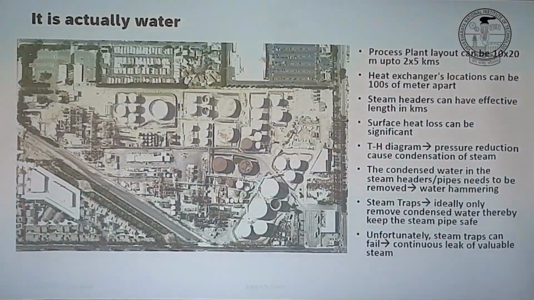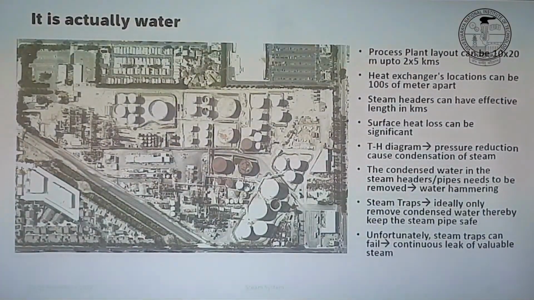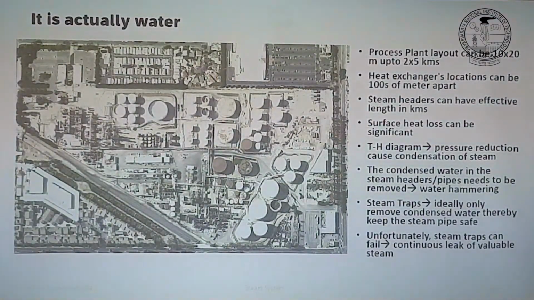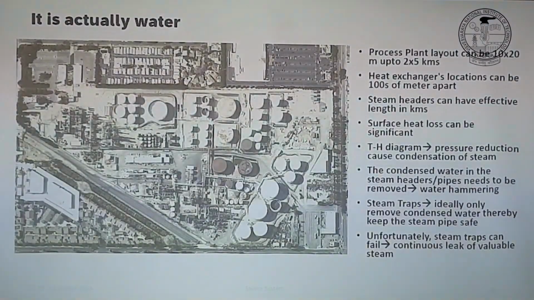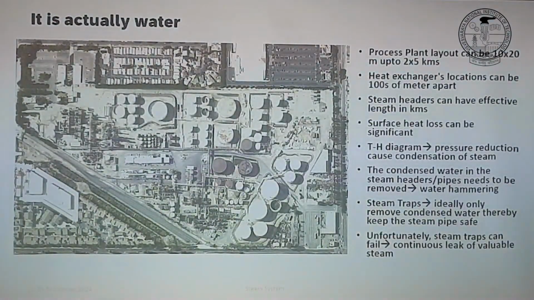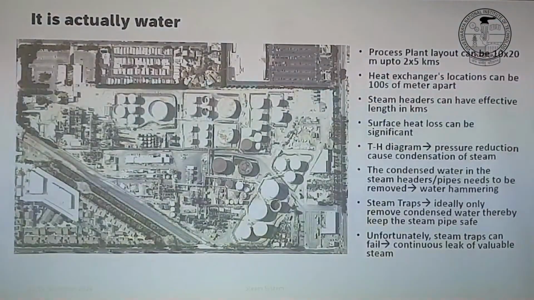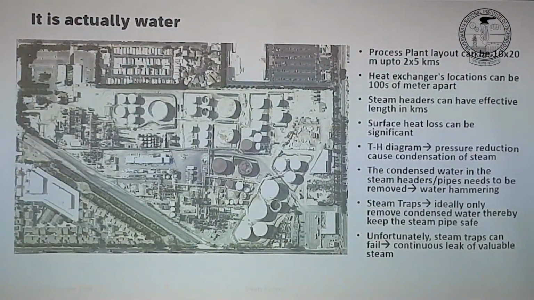So what can happen if you have condensation in your steam pipes is that you will have water droplets. And we already know the density difference between steam and water is huge. Water is somewhere around 1000 at 1 bar, and steam is somewhere around 30. So if you have a sudden decrease in density, this can create water hammer. Droplets can travel very fast and hit the bends of the pipe, and they are so fast that they can break the pipe. So it's a major issue.